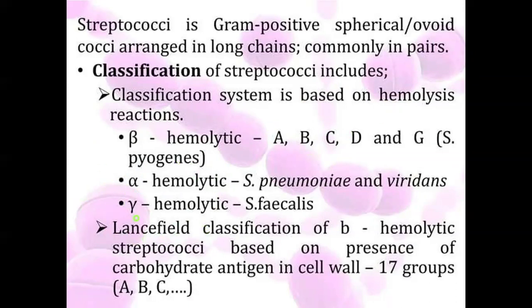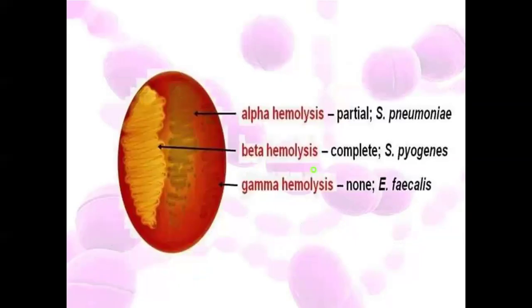And then we have the Lancefield classification of beta-hemolytic Streptococci. We have groups A, B, C, D, up to 17 groups. The most relevant are group A and B. It is classified based on the carbohydrate antigen in the cell wall. As you can see here, beta hemolysis is clear, alpha is green, and gamma has no hemolysis.